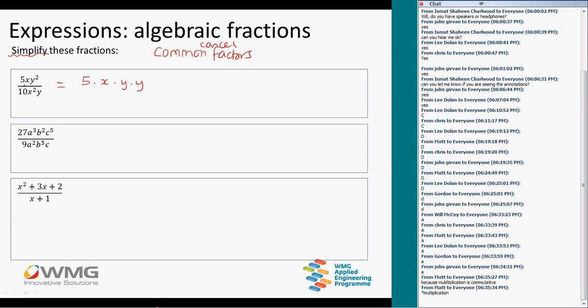Common factors: so a 5 in the numerator with a 5 in the denominator, an x here and an x here, and a y here and a y here.